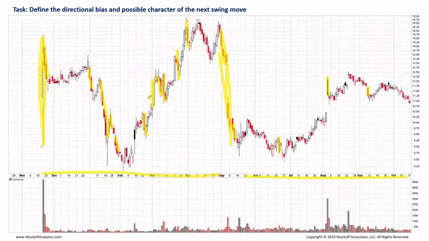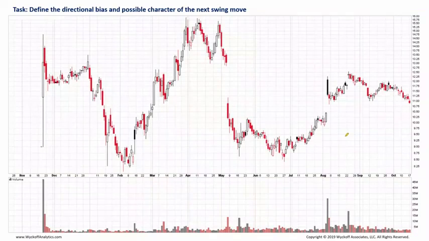Okay, so if we're thinking about the bearish bias, then what are the main tenets here for the case of distribution? If I was looking for characteristics of distribution, I would be looking at selling at the top of a trading range.